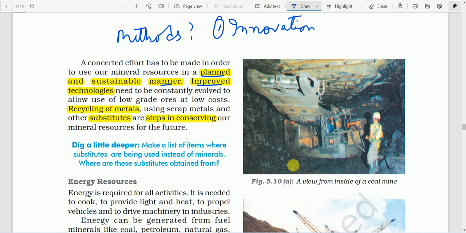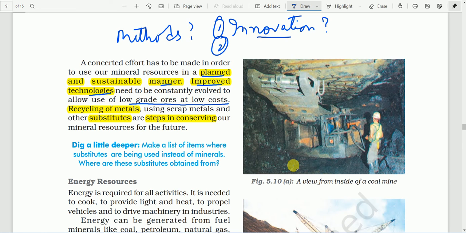Improved technologies, that is, innovation or invention of new technologies, need to be constantly evolved to allow use of low grade ores at a low cost. So innovation is required, number one. New ideas and new technologies allow the use of low grade ores at a low cost, so that wastage may also be minimized.